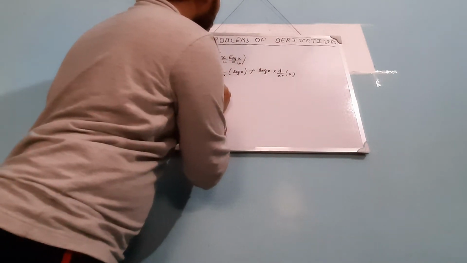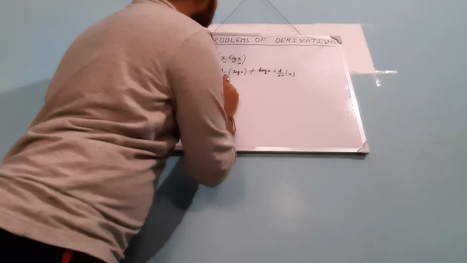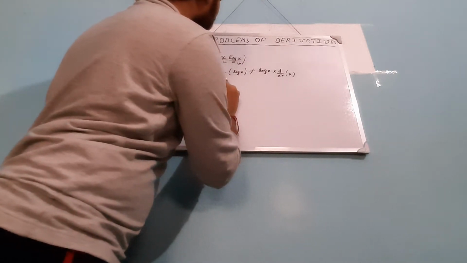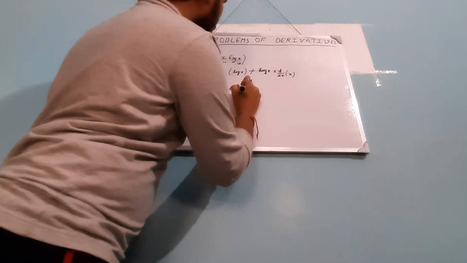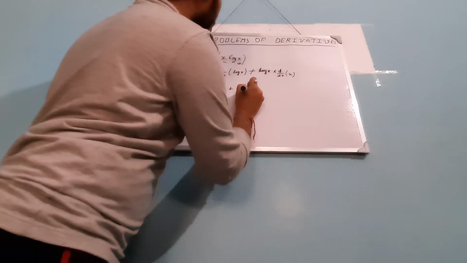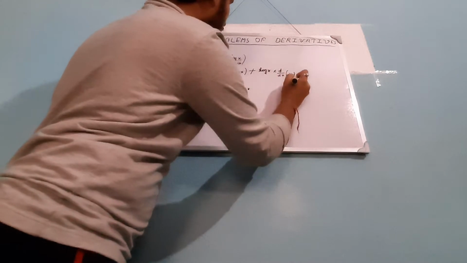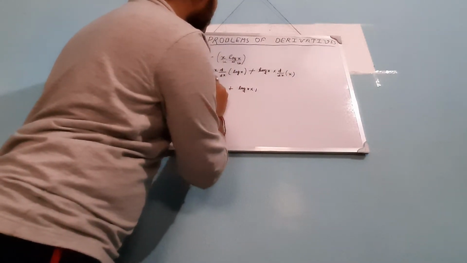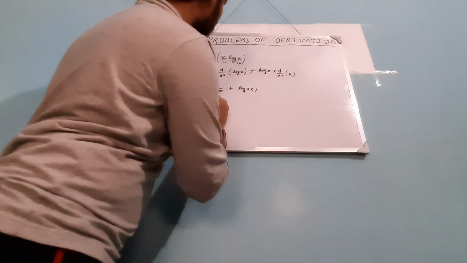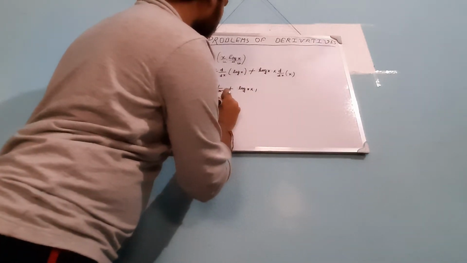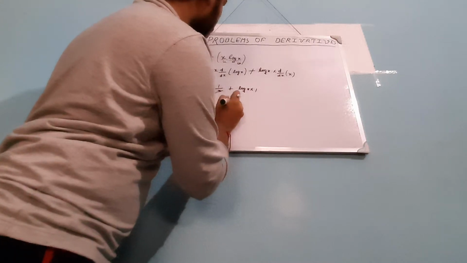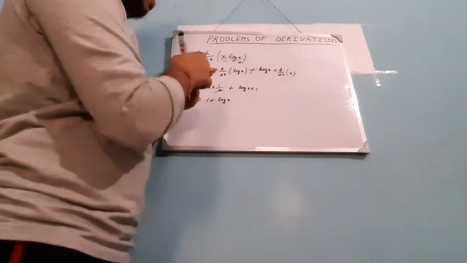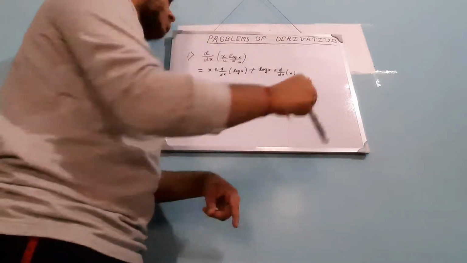You know x into dy/dx of log x means 1 by x, plus log x into the derivative of x, into 1. So cut this x, so it will be 1 plus log x. Okay, I think you understand this first problem.